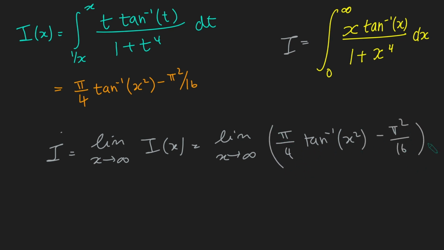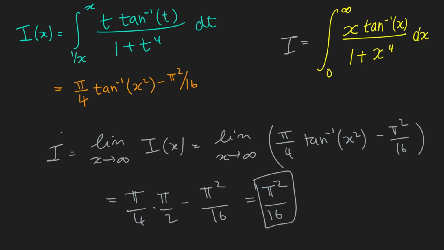The pi squared over 16 is a constant, so I'm just focusing on this inverse tan of x squared. As x goes to infinity, x squared is also going to go to infinity, and inverse tan of infinity is just pi over 2. So this is going to be pi over 4 times pi over 2 minus pi squared over 16. That's pi squared over 8 minus pi squared over 16 is just pi squared over 16. And that there is our final answer.